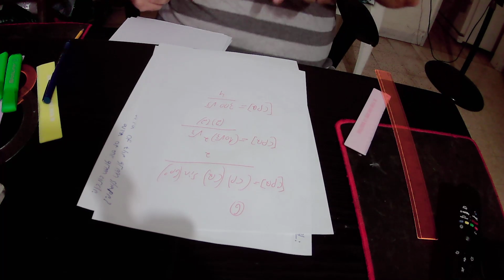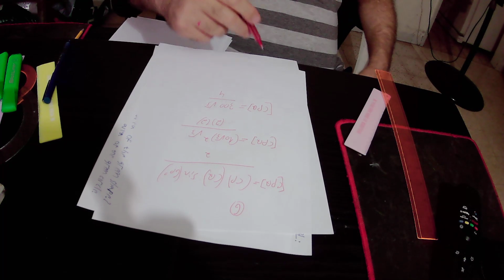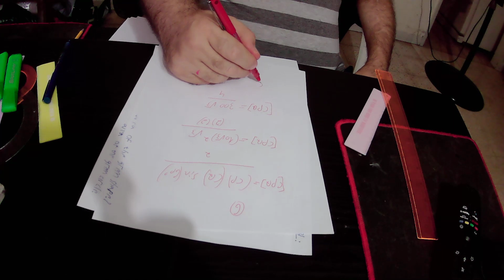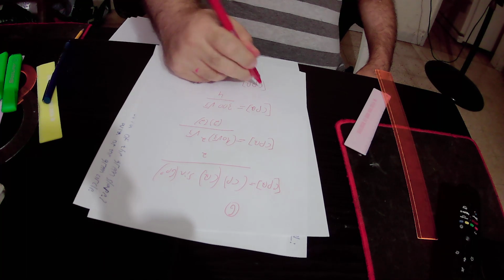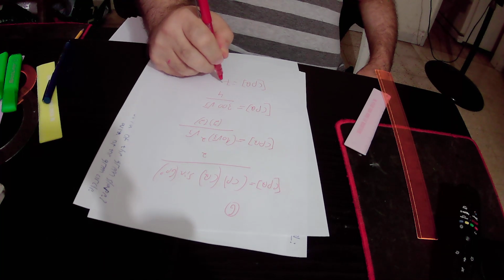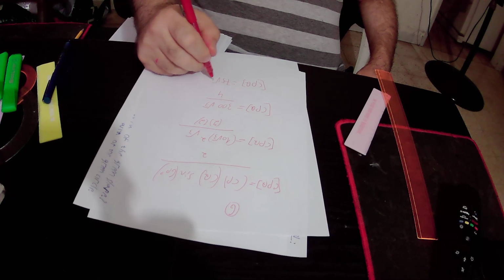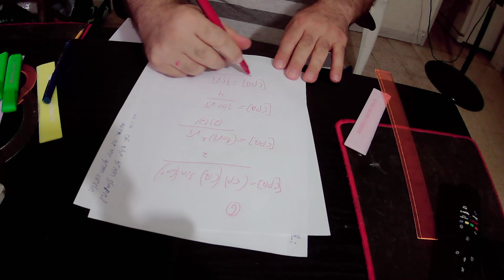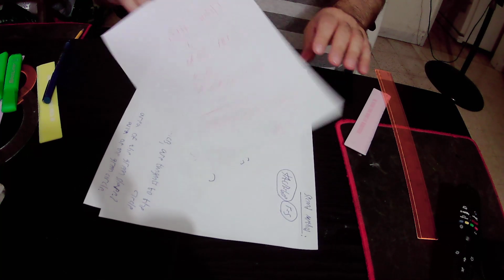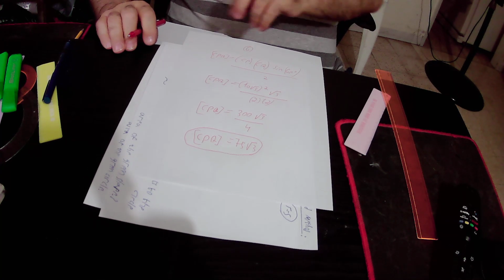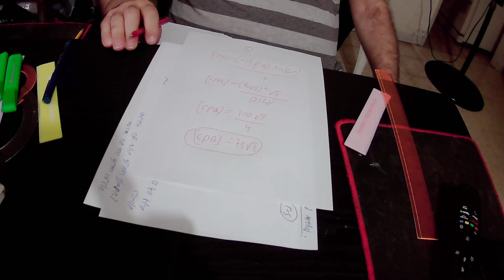Here 300 over 4 is 75. In total, the area of equilateral triangle CPQ equals 75 times root 3 square units.